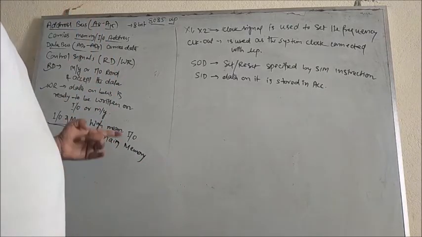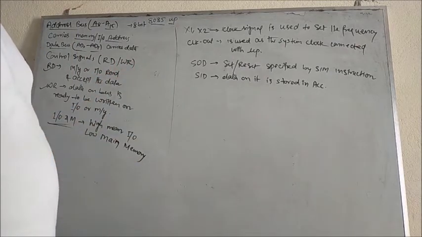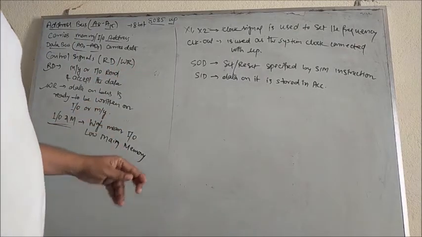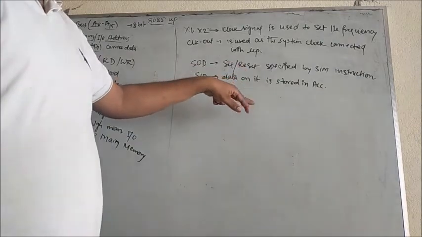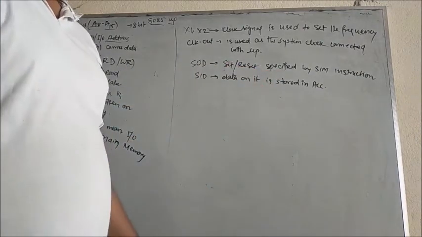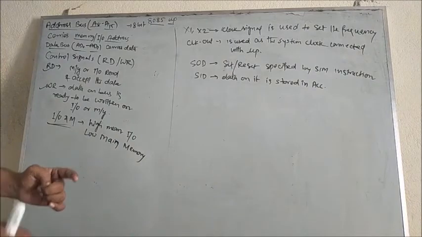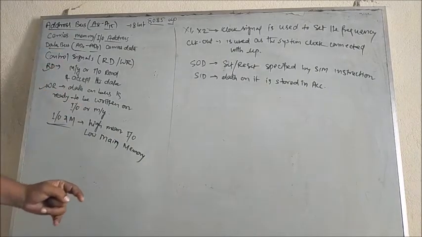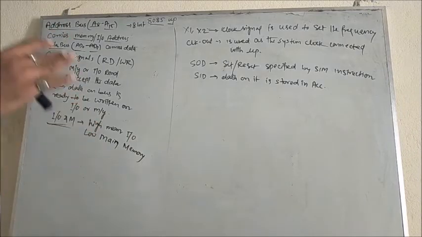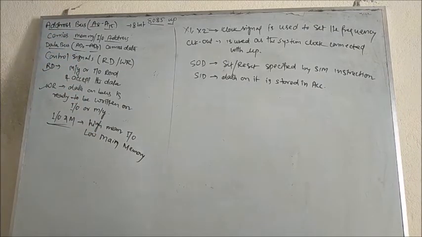Next one is known as your SOD and SID that I have just previously discussed, right? So what is SOD? That is the serial output data line. It sets or resets as specified by the SIM instruction. Whatever instruction is given by SIM, on that basis SOD is able to set or reset its state, right? And the second one, what is SID?